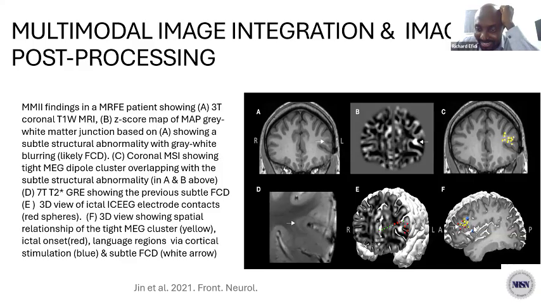We were also able to localize the language area, or the eloquent cortex, close to but not exactly the same point as the epileptogenic focus. So this is a 3D image that combines all the findings, such that the epileptogenic zone was localized to this area, whereas the eloquent area was localized not exactly at the same point, but a little close to it.